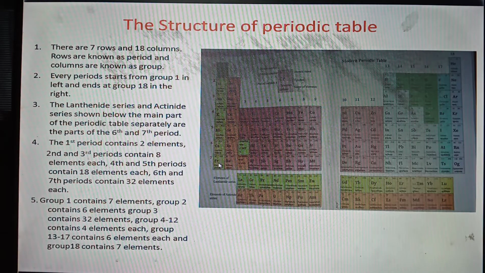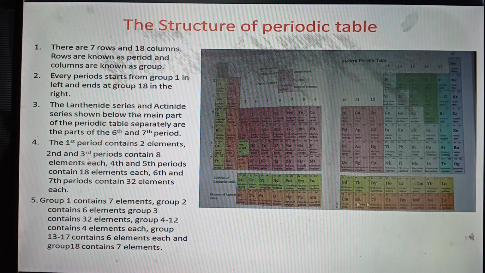The atomic number of this element is 87, then 88, but the element with atomic number 89 is not placed here, it is placed in this position, and it continues up to 103. These 15 elements are placed at this position. Then the next element, atomic number 104, is placed here.